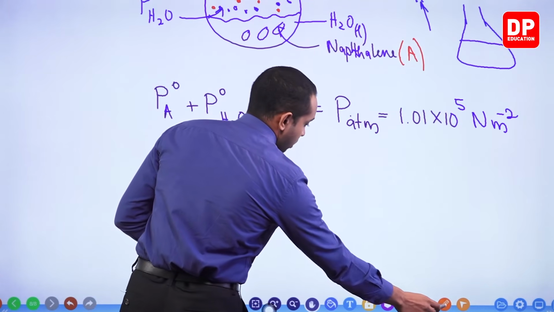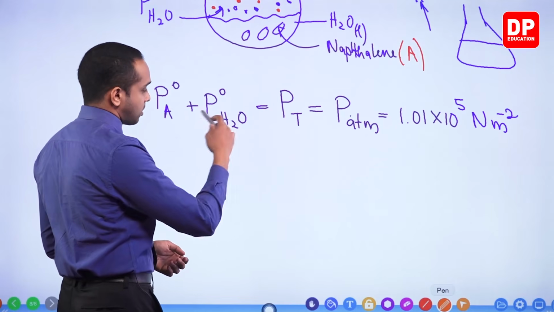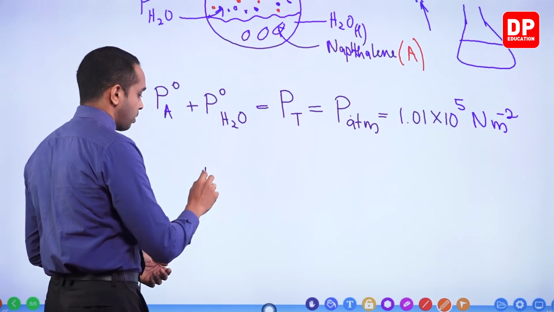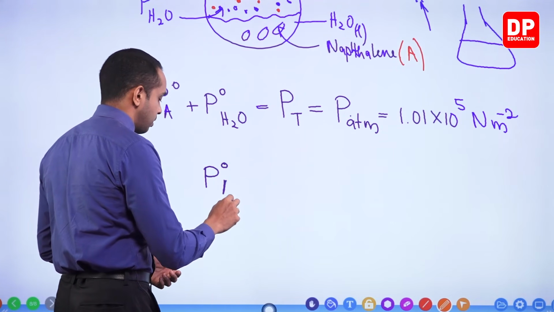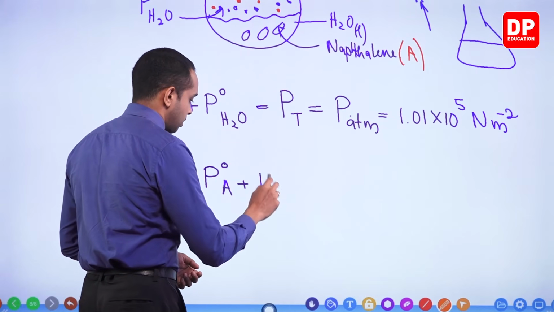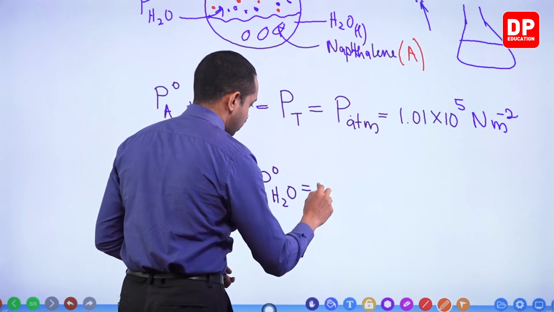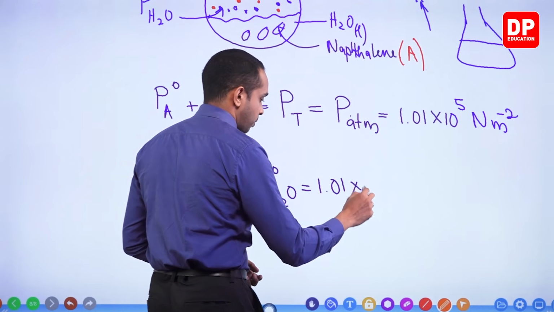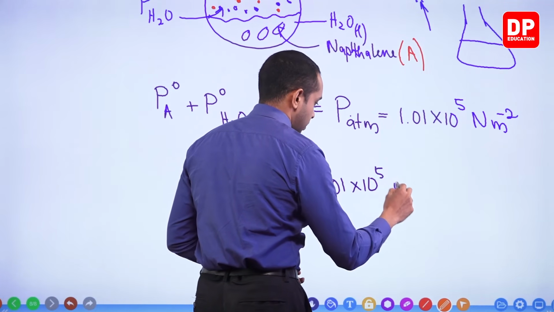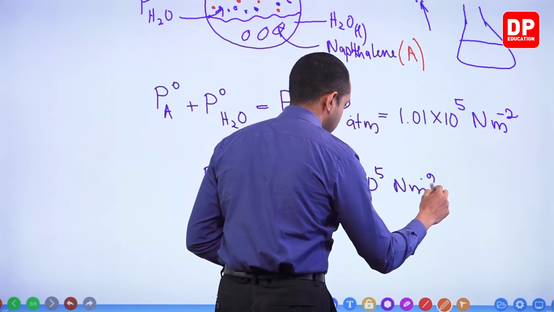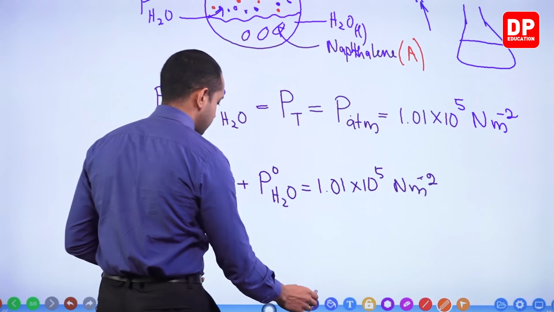So we can then simplify this and write P naught A plus P naught H2O is equal to 1.01 into 10 to the power 5 Nm minus 2.